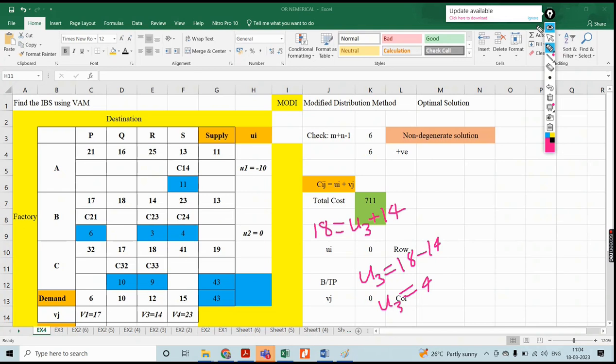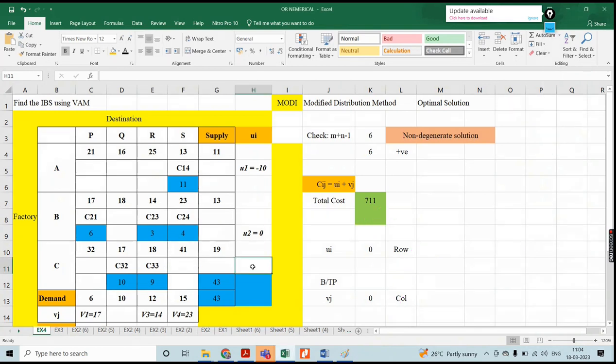Is this clear? U3 equal to 4. Okay, now I got U3. Now is it possible to make the evaluation of this? Yes, it is possible because I know the U3 value. Then I need to make the evaluation of V2 value. What is the transportation cost corresponding to this? 17.